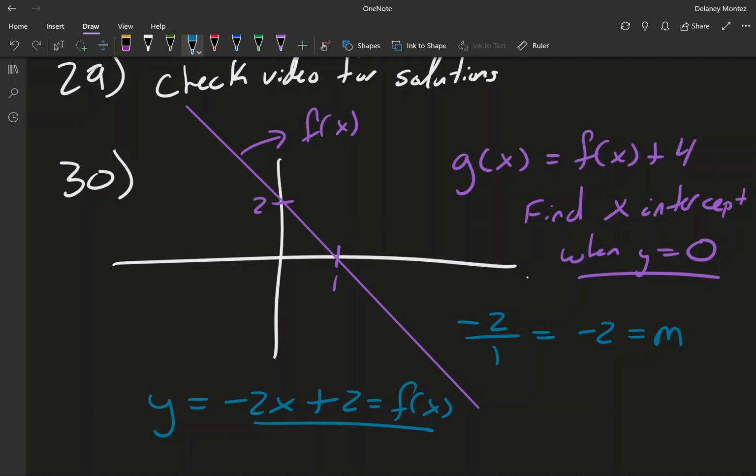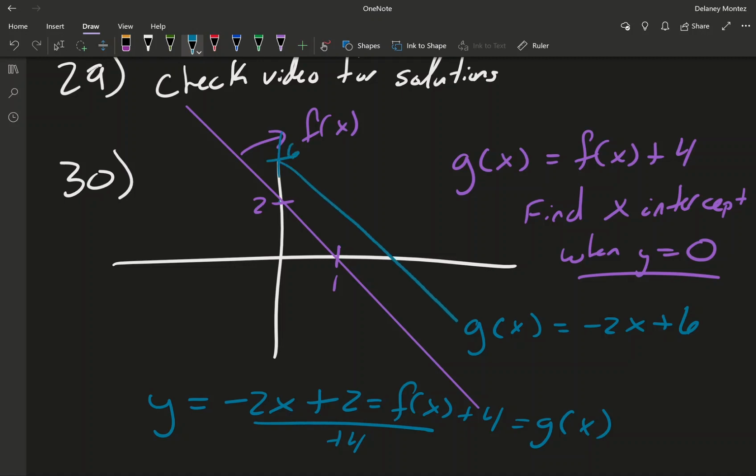Now g of x equals f of x plus 4, so I can just add 4 to this. I'll get g of x equals -2x plus 6. So it's actually a parallel line. It would be up here somewhere. Let's say this is 6, and you would get a line that goes somewhere here.